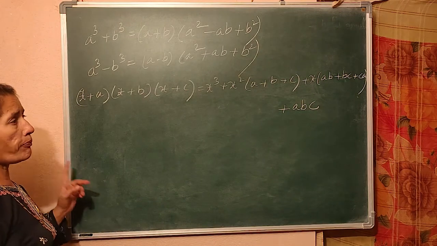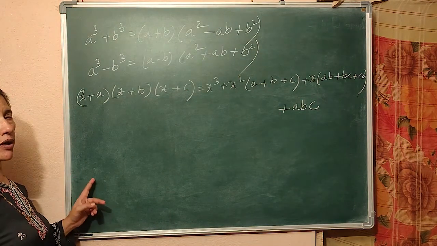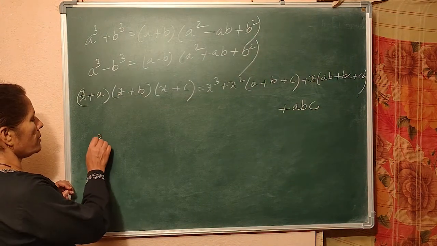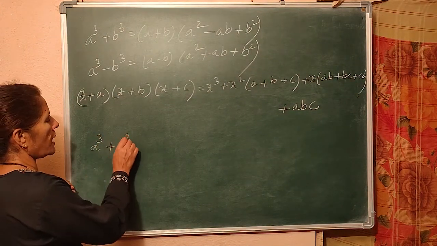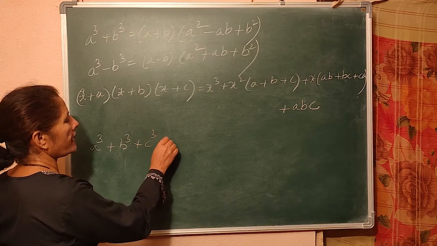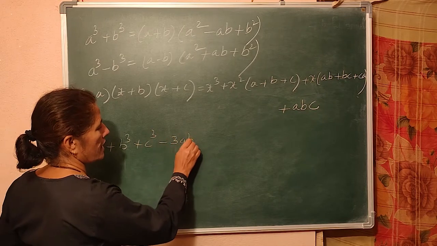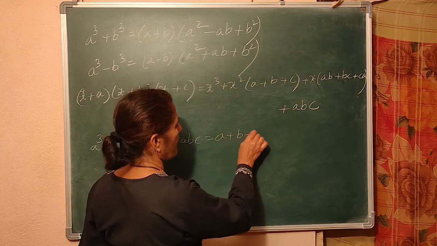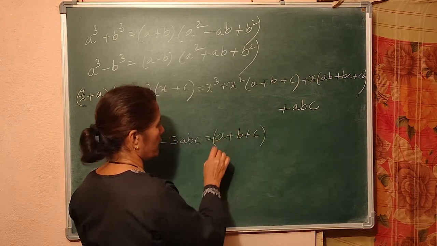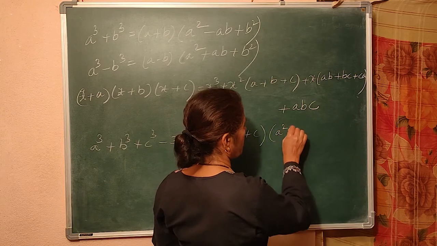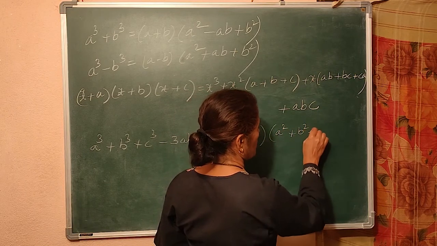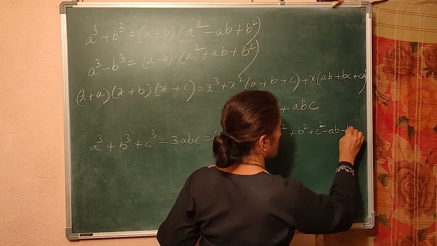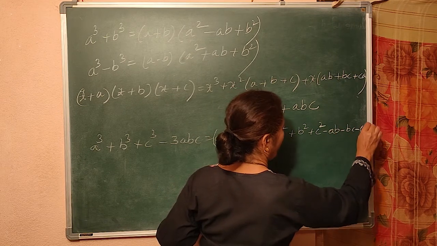Now, one more important identity that we learn in 9th and 10th is a cube plus b cube plus c cube minus 3abc is equal to (a plus b plus c) into (a square plus b square plus c square minus ab minus bc minus ca).